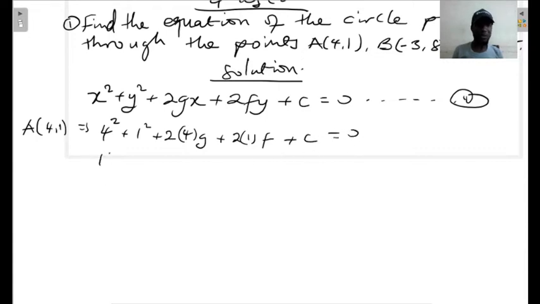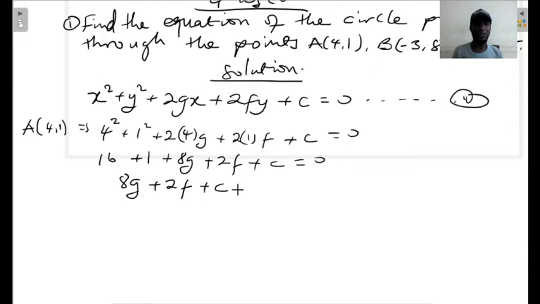This gives us 16 plus 1 plus 8g plus 2f plus c equals 0. Rearranging, we get 8g plus 2f plus c equals -17. Let's call this our equation 2, since we have equation 1 already.